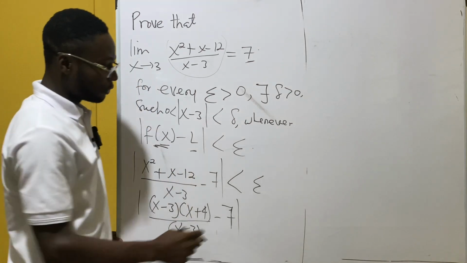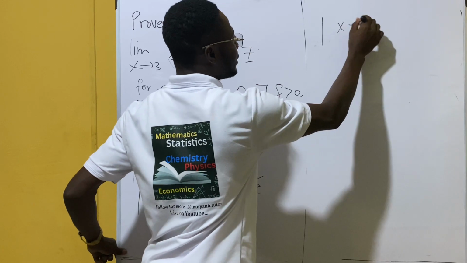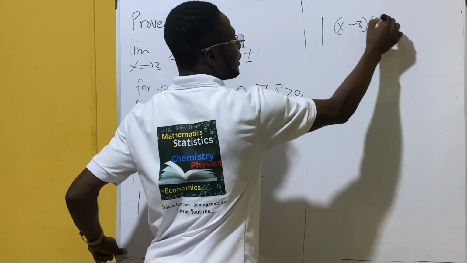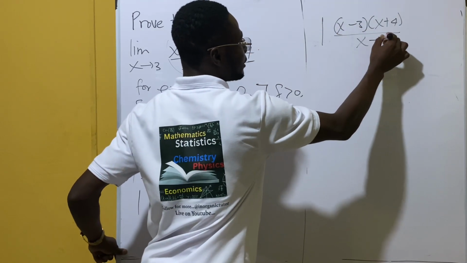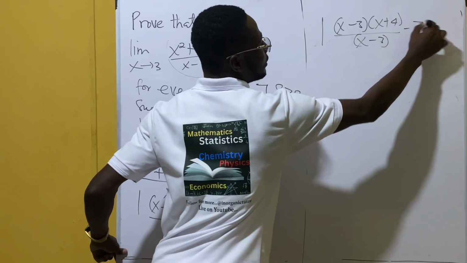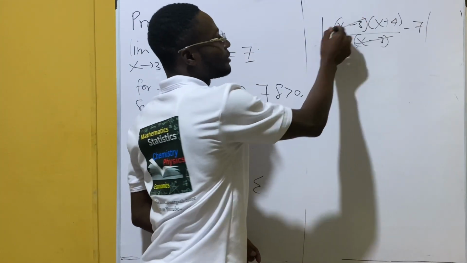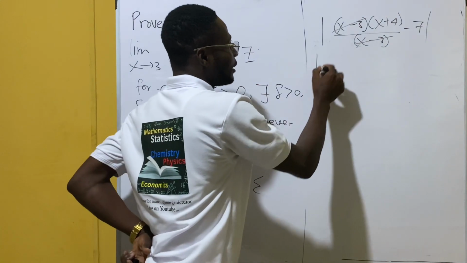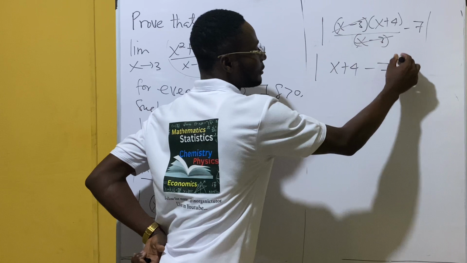So we continue from here. We have (x minus 3)(x plus 4) all over (x minus 3), so this cancels out, and we have x plus 4 minus 7.